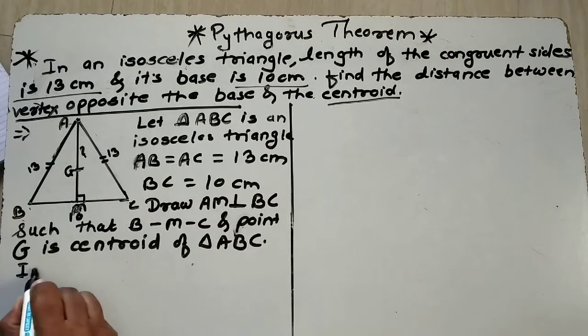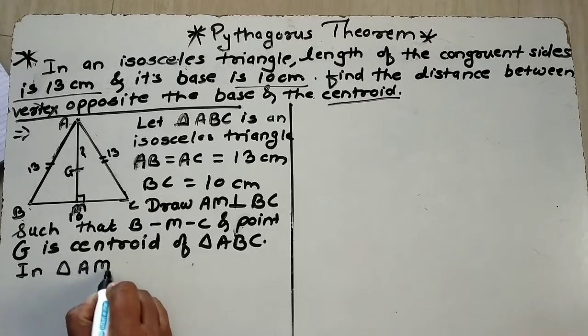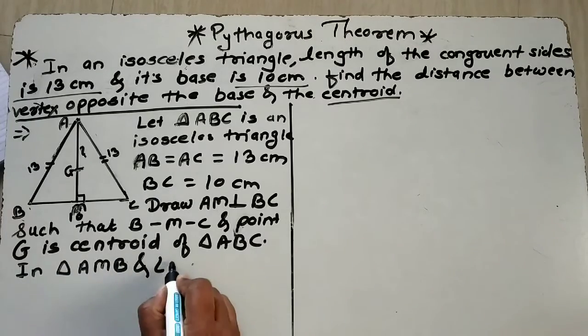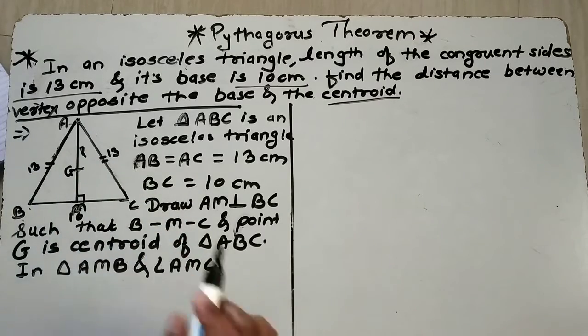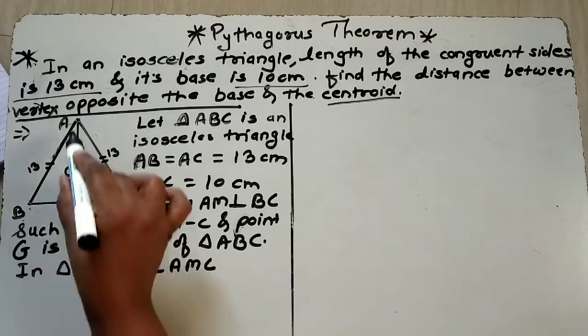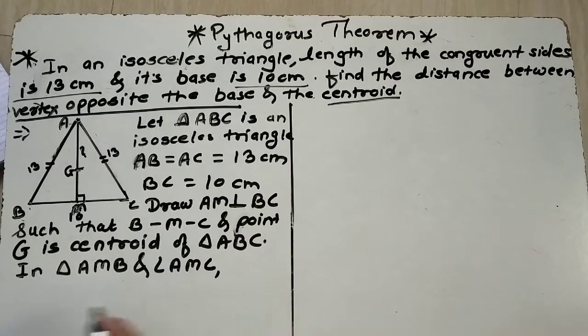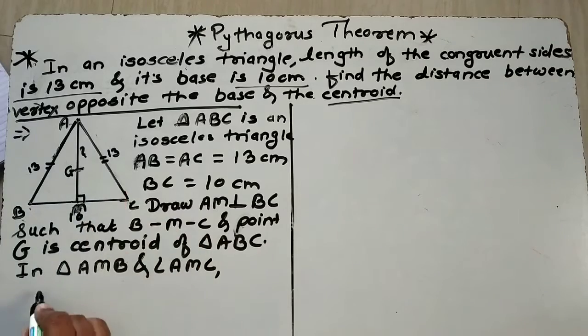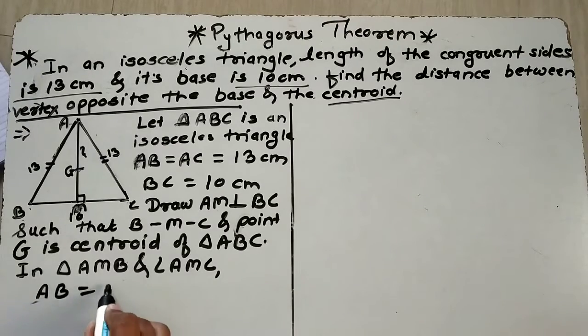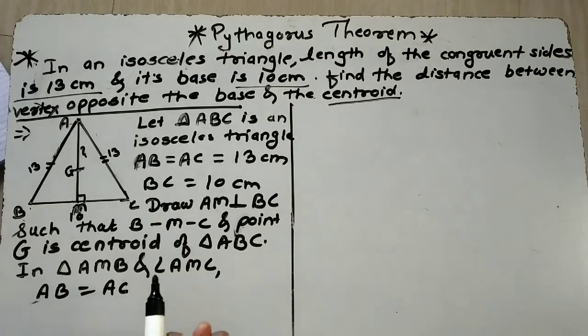Now we will see these two triangles, triangle AMB and triangle AMC. As you know that AM is perpendicular on BC, angle AMB and angle AMC are both right angles. Side AB is equal to AC, because it is an isosceles triangle and the length of the congruent side is 13, as already provided.